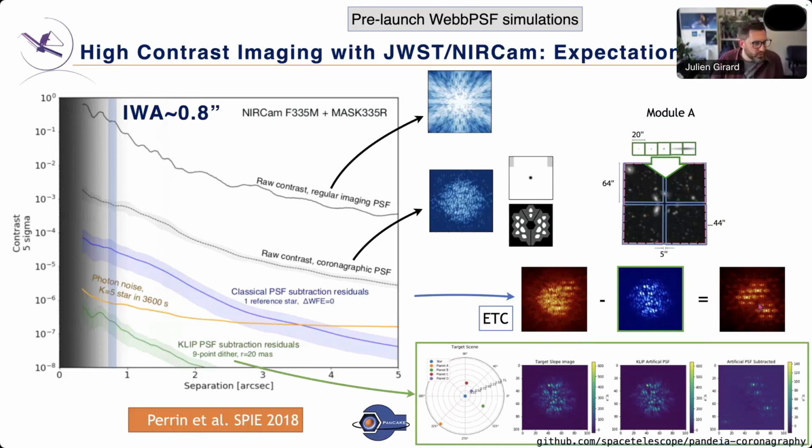If you follow the recommended strategy of using a small grid dither and a good reference star, and you also perform principal component analysis or PSF subtraction with spaceKLIP, you can basically almost recover what the ETC gives you, at least down to 0.5, 0.6 arcsecond.